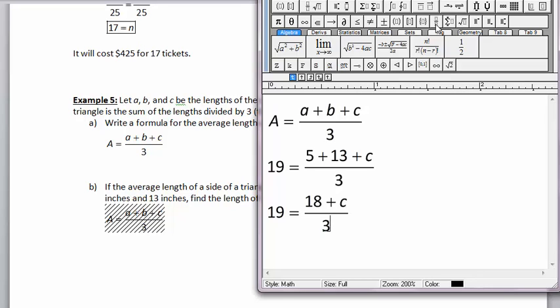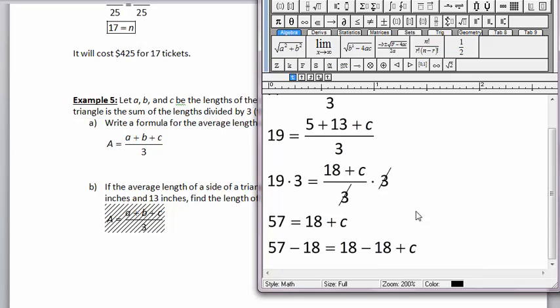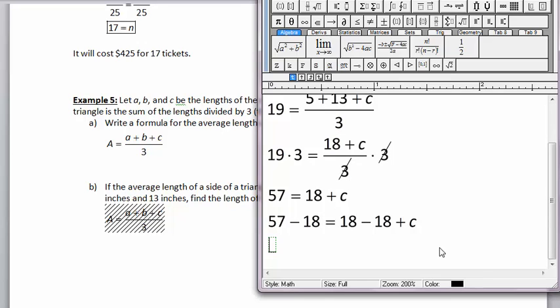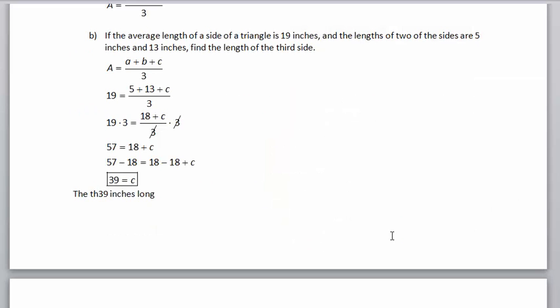Now to solve, since I have the entire 18 plus C divided by 3, I'm going to get rid of the 3 by multiplying both sides of the equation by 3. That will cause the two 3's to cancel on the right-hand side and will give us 57, which is 19 times 3, equals 18 plus C. Now I can continue solving by subtracting 18 from both sides. 57 minus 18 is 39, equals C. So our third side is 39 inches long.